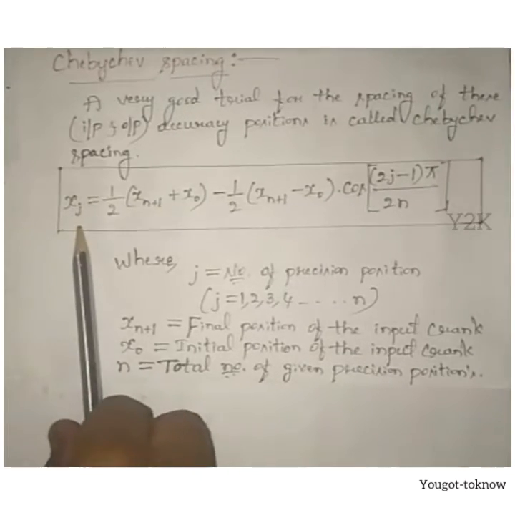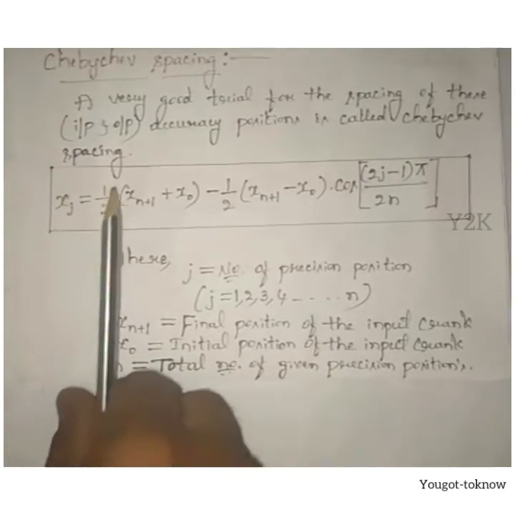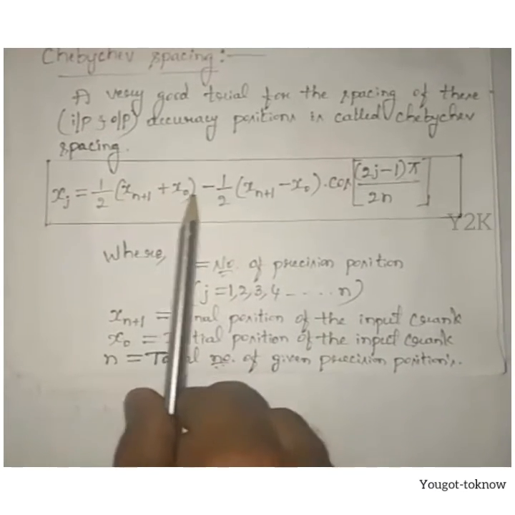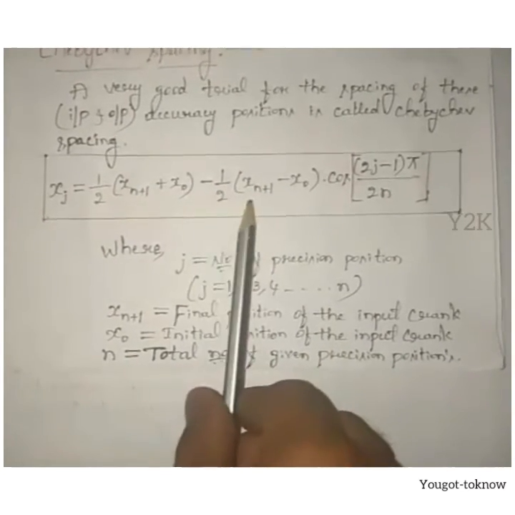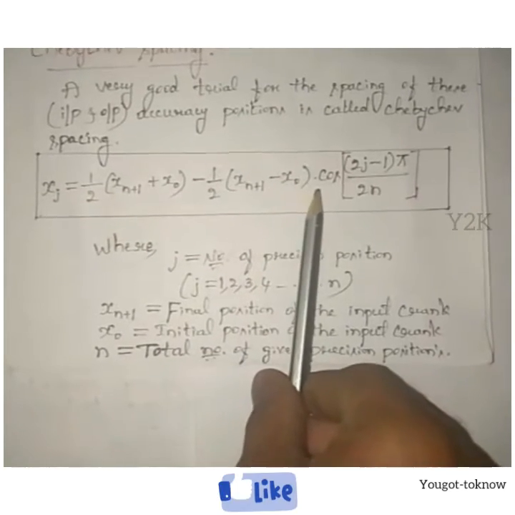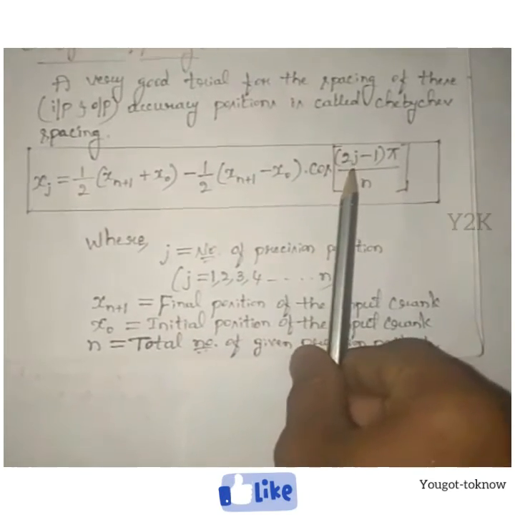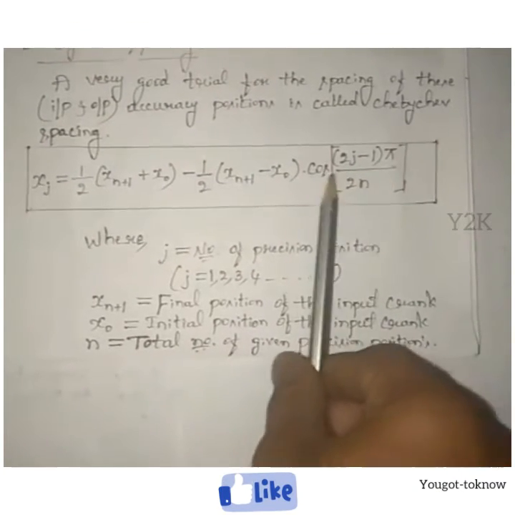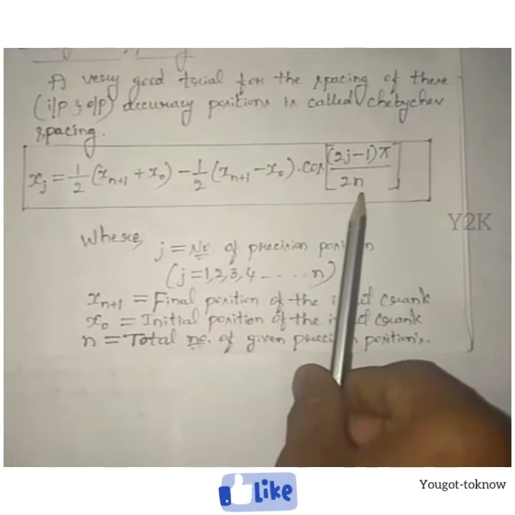x suffix j equals 1/2 of (x_{n+1} + x_0) minus 1/2 of (x_{n+1} - x_0) into cos of ((2j - 1) π / 2n).